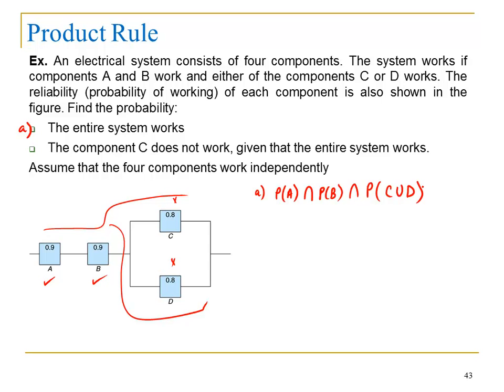But in this case, it's just the function of the entire system to work. And that's why you need to make sure that these two are working and one of the two from the parallel.